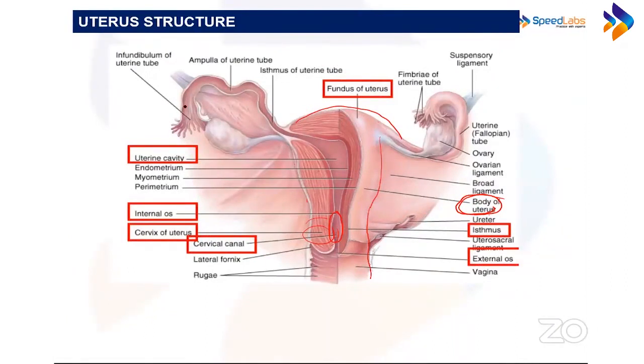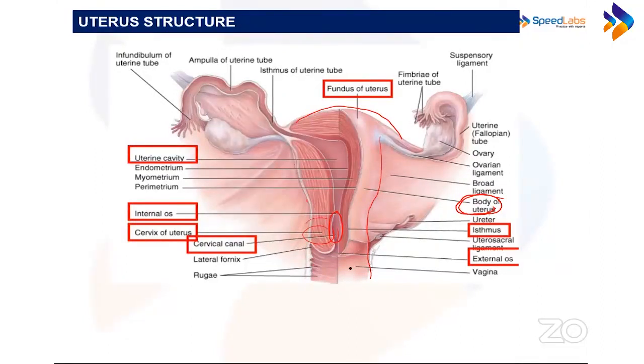So we have done the oviduct. Amongst the secondary sex organs, we have done the oviduct, the uterus, and now we will do the vagina. The vagina is around 10 centimeters in length.